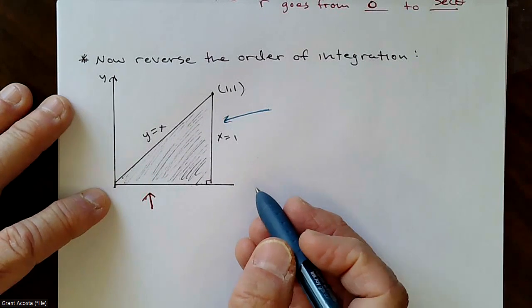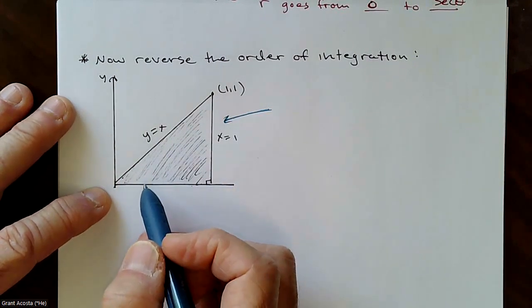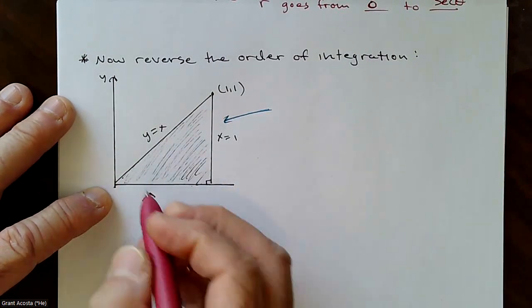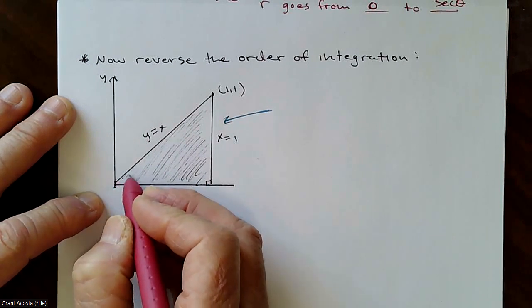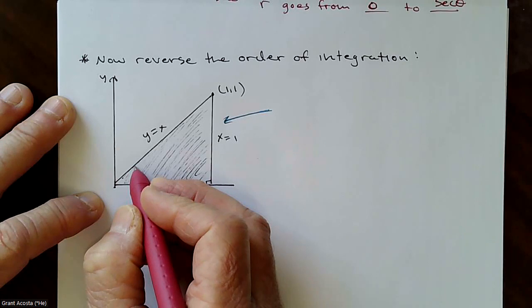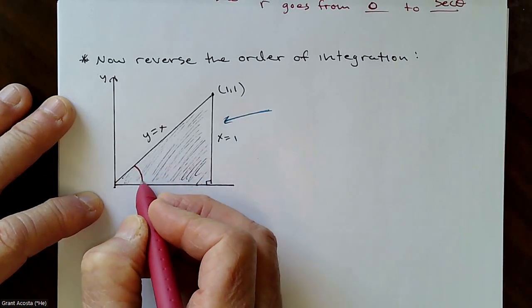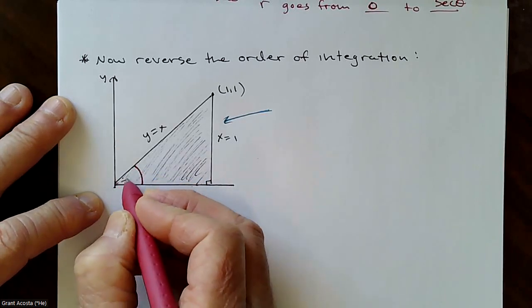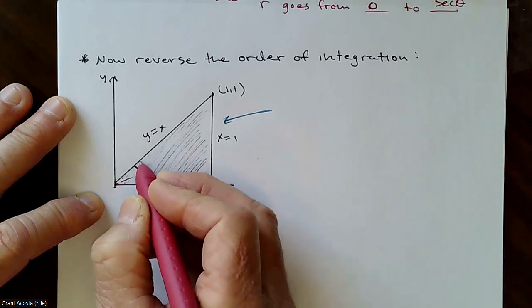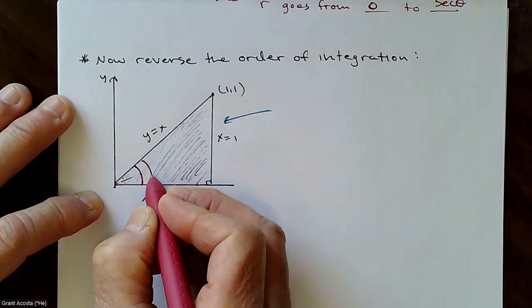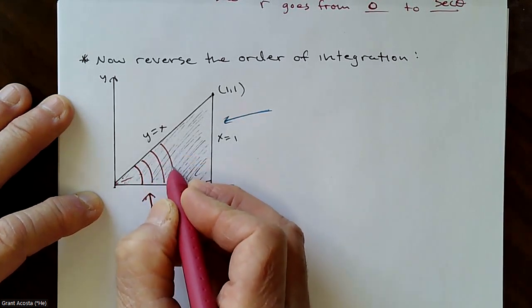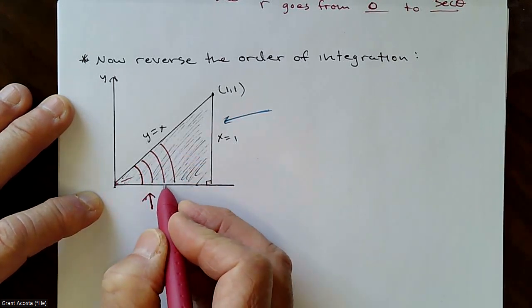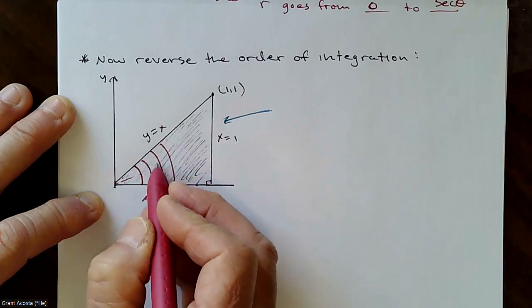So what we want to consider now is, for an arbitrary r, think about distances from the origin. A certain distance from the origin would fall on part of a circle, because all these points are the same distance from the origin. So if you consider arbitrary r values right in here, what does theta vary from?